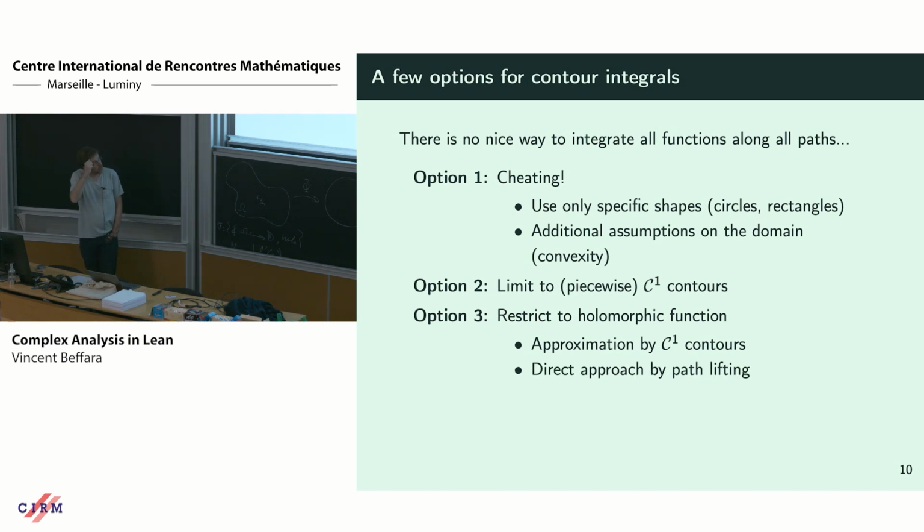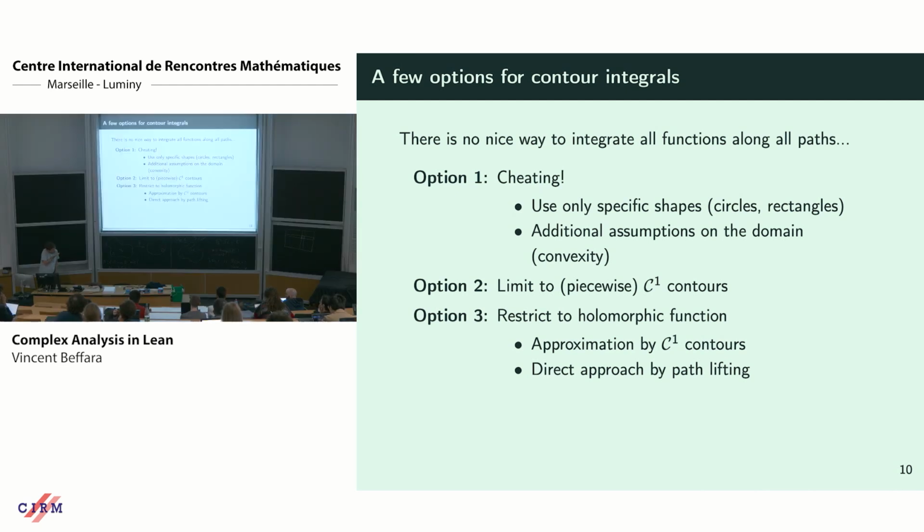So probably the right approach is to do it directly by path lifting. So essentially what you want to do if you want to compute the integral of a holomorphic function along a continuous contour is you look at all the functions on your domain and you make a covering structure on it by saying that the neighborhoods of a point are locally functions that are local primitives of f.